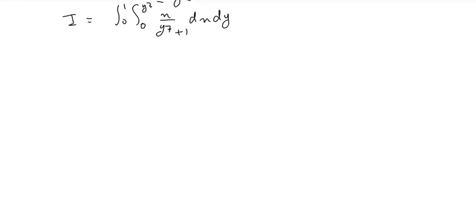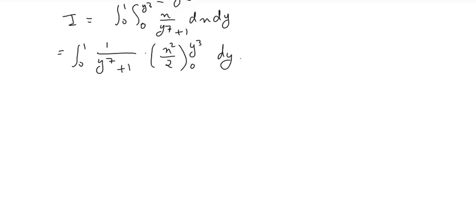Now integrating 0 to 1, 1 upon y to the power 7 plus 1, dx dy, we will multiply with x square by 2, 0 to y cube, dy.